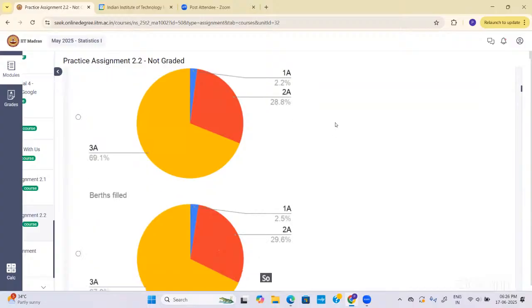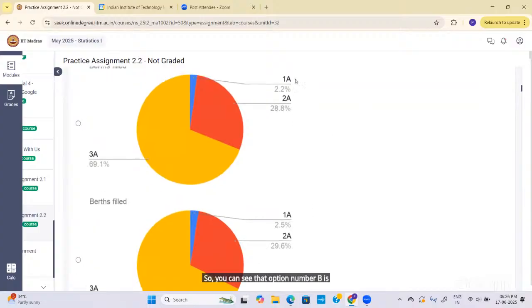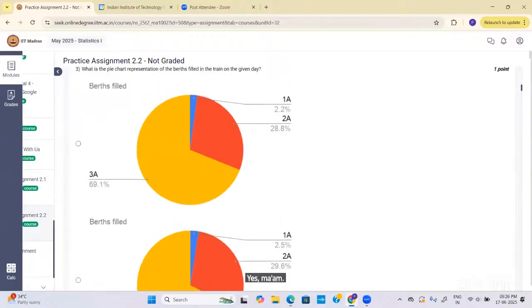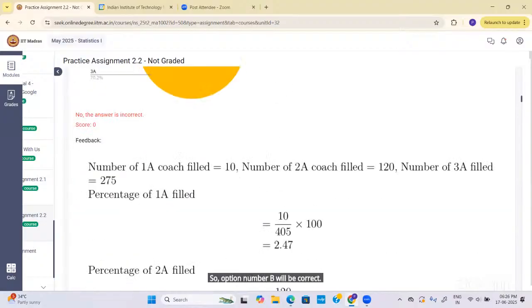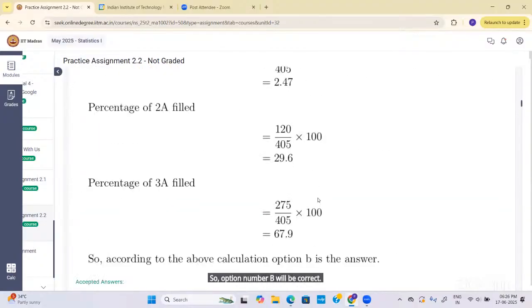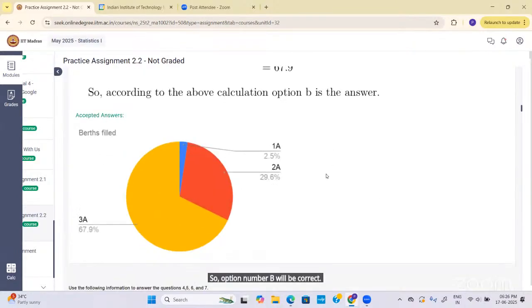So you can see that option B is correct, right? Because here first AC is 2.2, which is incorrect. So option B will be correct. Is it clear now?